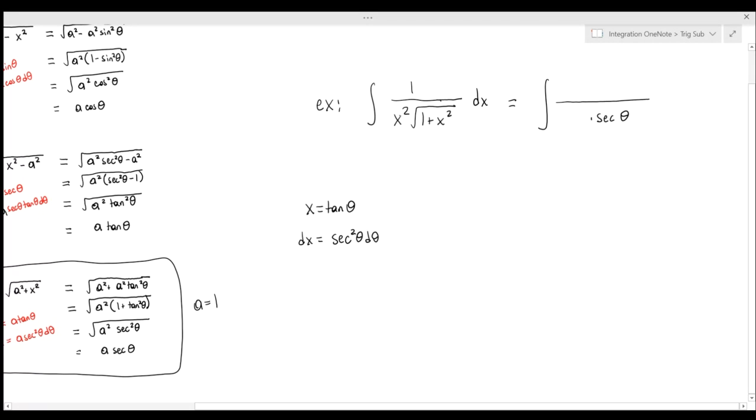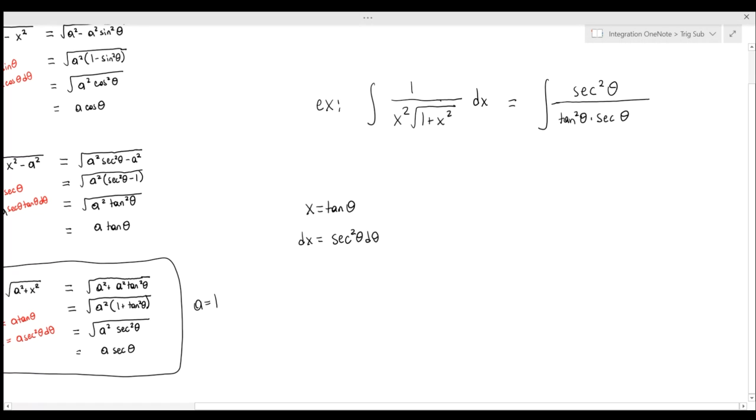Now, as for this x squared term, we can replace x with tangent theta, so x squared will become tangent squared. And then the dx in the integral will be replaced with a secant squared theta d theta. I'll put the secant squared on top.